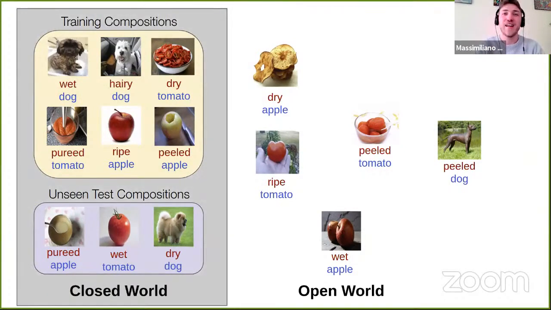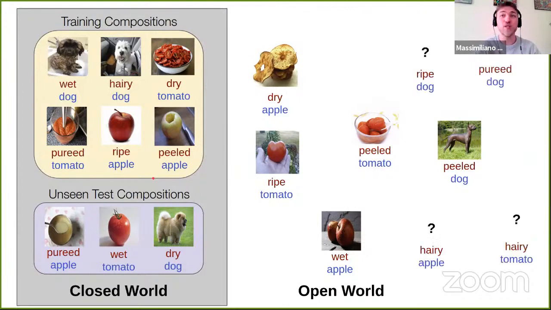And in this case, there are both these unseen compositions that may be confusing for the model. Like now, since you have a ripe tomato, you maybe need to be careful when predicting a ripe apple. But also there are these weird compositions like ripe dog, airy apple, for instance, that obviously do not make any sense, but they are still present and they may be distractors for your model, making its performance even worse.